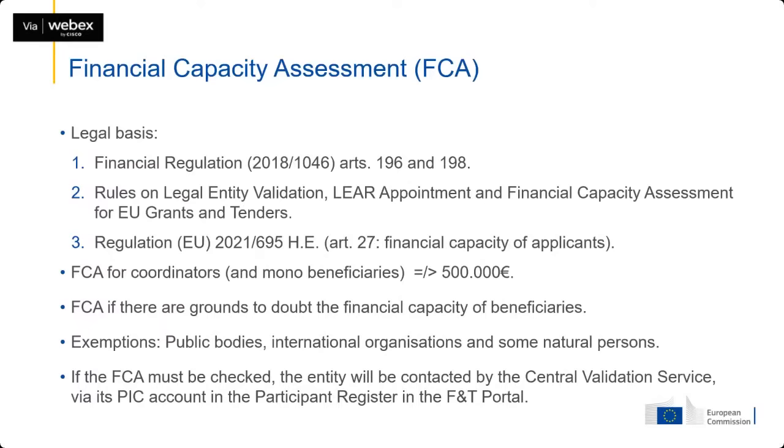These organizations are mainly coordinators if the requested funding for action is equal to or greater than 500,000 euros, but also other beneficiaries might be checked if there are grounds to doubt about their financial capacity. The exempted entities, according to the financial regulation, are public bodies, international organizations, natural persons in receipt of education support, and natural persons in need.